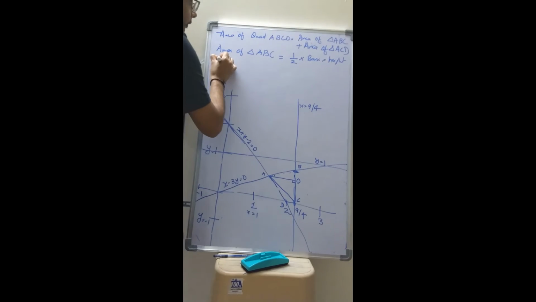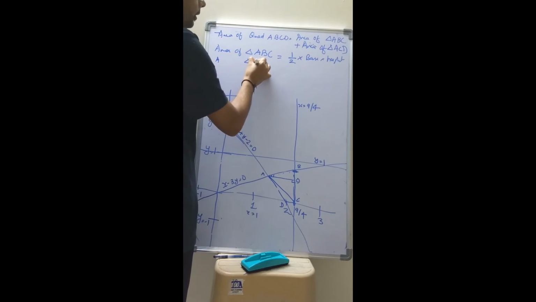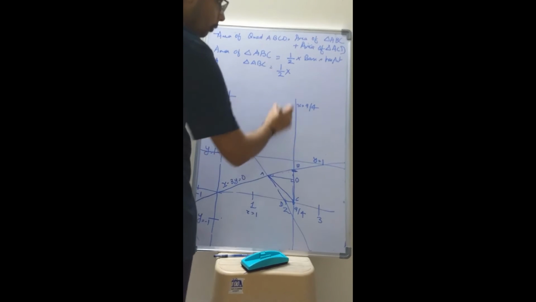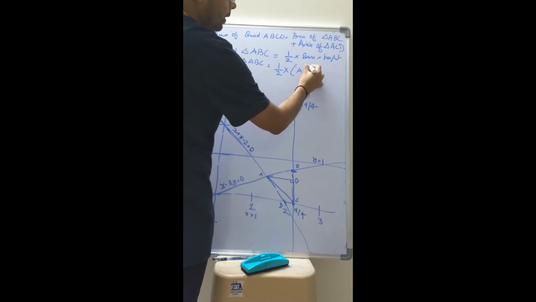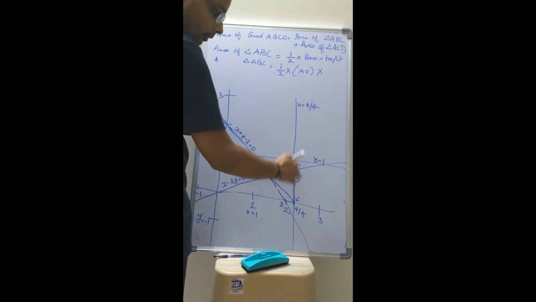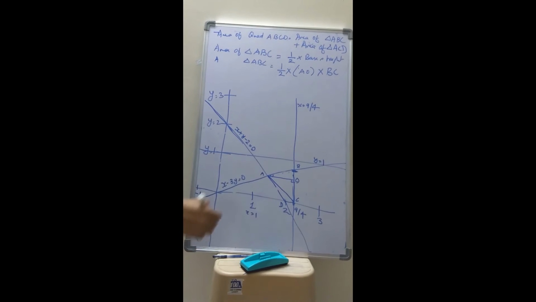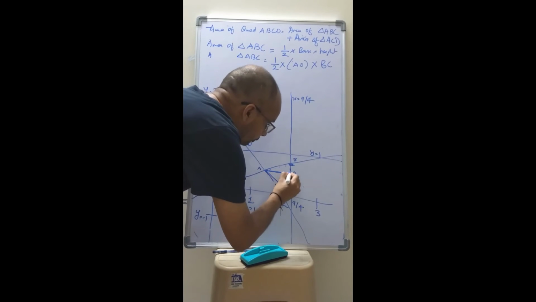So the area of triangle ABC is equal to half into AO into height, which is BC, right? Now what is the length of BC?